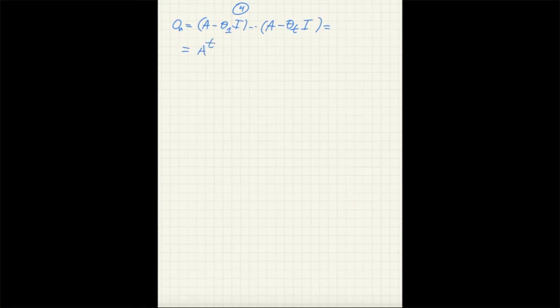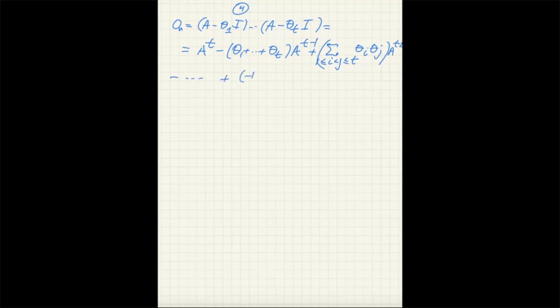So it's A to the power t minus, for example, (theta 1 plus ... plus theta t) times A to the t minus 1, plus, if you want to expand it, something of the form the sum over i less than j of theta i theta j times A to the t minus 2, minus, and so on.